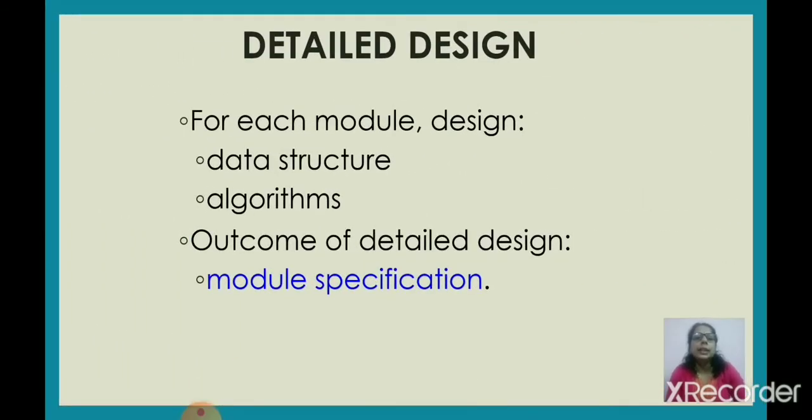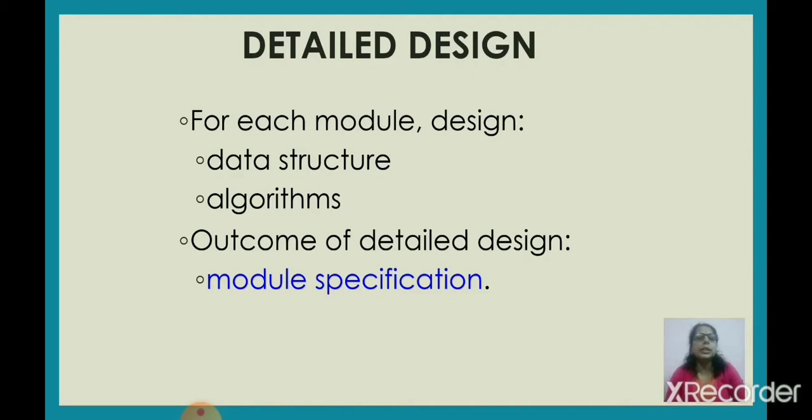And in detailed design the engineers design each module's data structure and algorithm. So the outcome of detailed design is the module specification. Means in high level design they design all the modules.